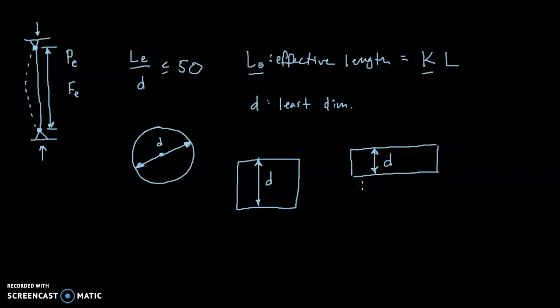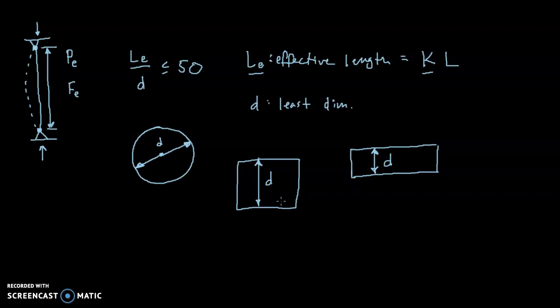So what we can observe from this is that the strength of the column is somewhat limited by the least of the two dimensions. Choosing a rectangular column, although it does provide us some additional area, which will slightly increase the strength of the column, doesn't really increase the resistance to buckling.